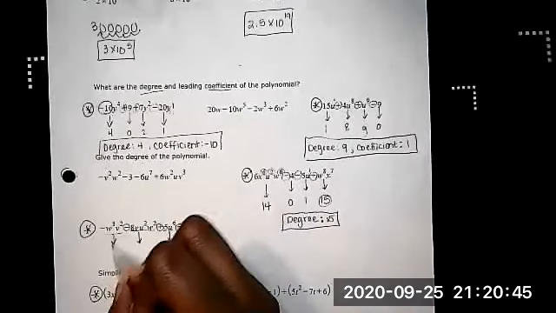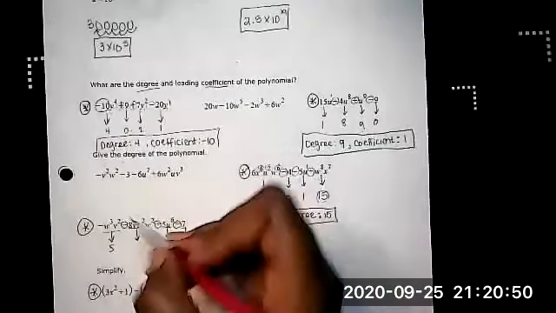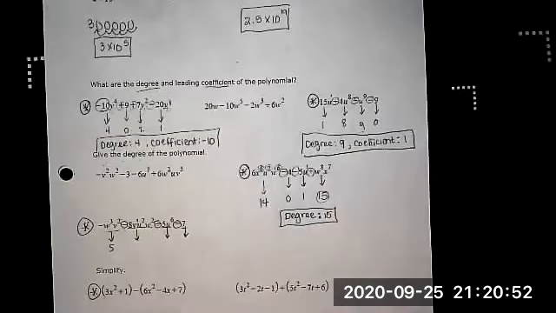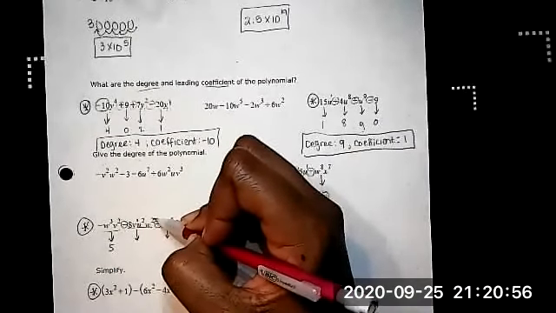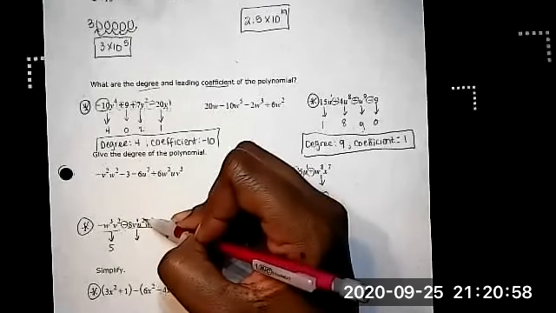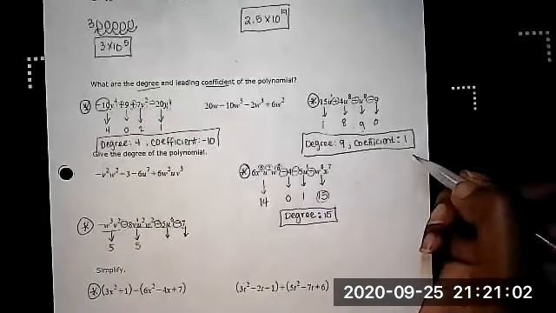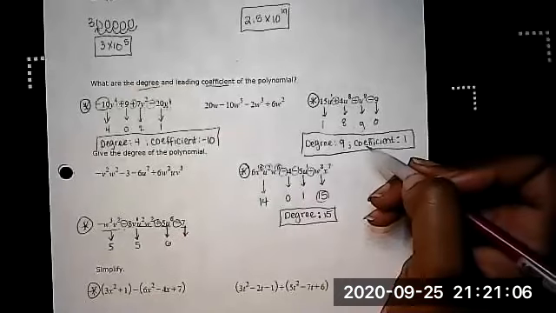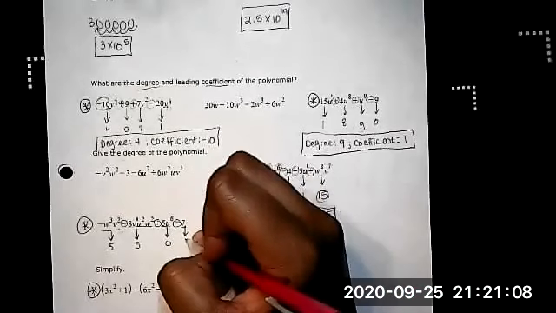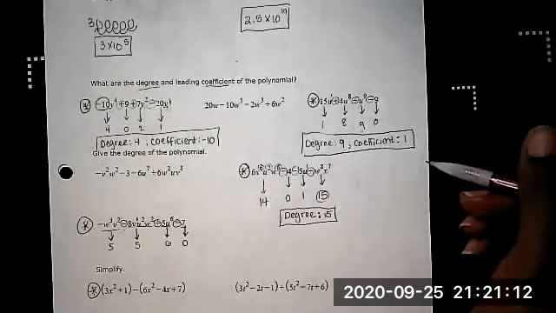Here, this degree is 3 plus 2, which is 5. Okay, this degree, do not forget this 1 here, even though it doesn't show one, is 8bu squared w squared. Don't forget that 1. It's going to be 2, 2, and 1. That is 5. This degree here, u to the 6, is 6. This does not have a letter, so it is a 0. When it's a whole number, it's going to have a degree of 0.